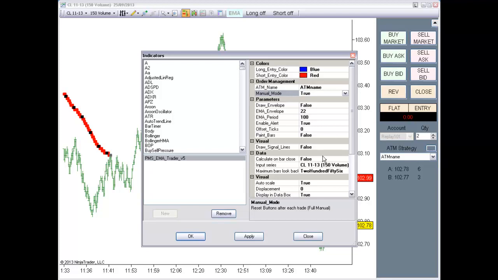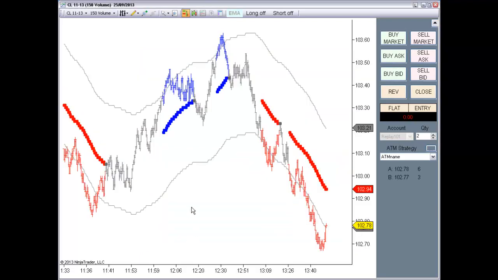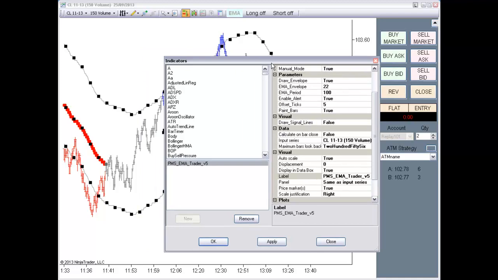Let's go to an example. I like to see all the on this version. We can also change the offset.